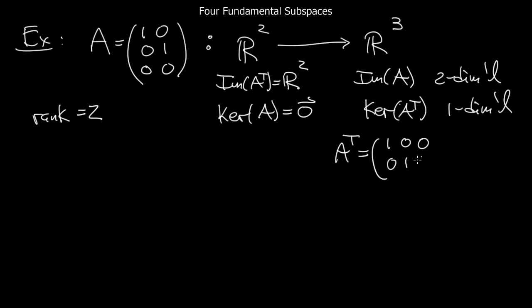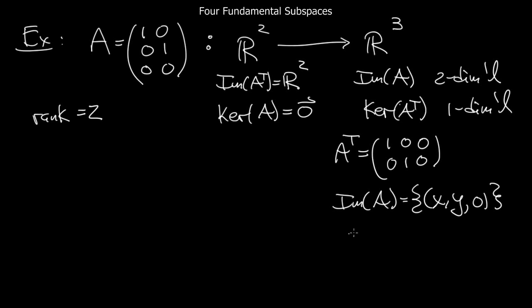So let's see, A transpose is this fellow. Let's write all these spaces down. What is the image of A? Well, the image of A is just the first two coordinates can be anything, and the last coordinate is 0. Whereas the kernel of A transpose, if you think about it for a moment, is the vector 0, 0, z.